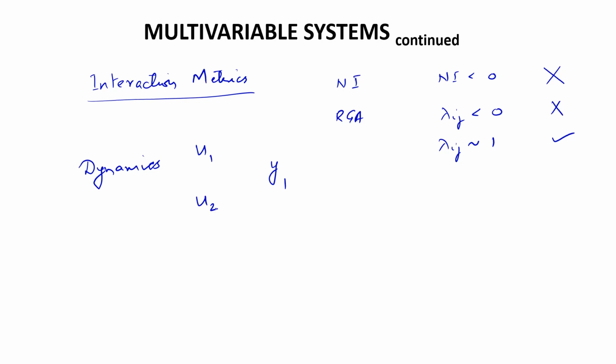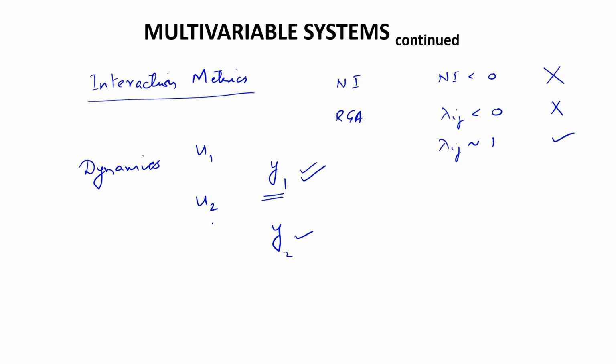You prioritize the variables, and there's also y2 that you need to control. Let's say y1 is more important, y2 is less important. So I want tight control of y1.